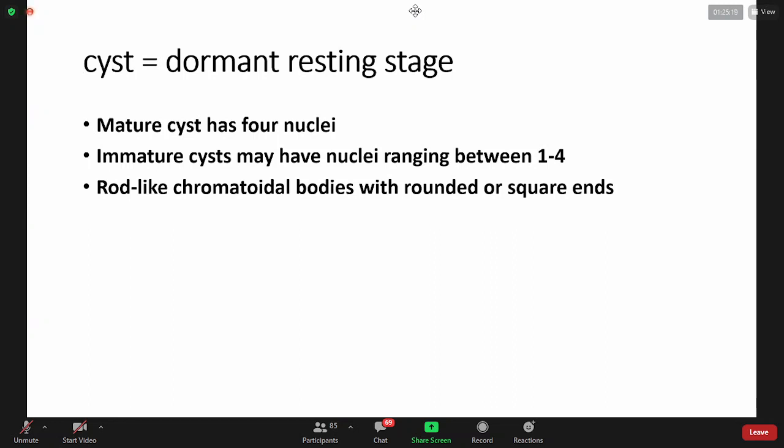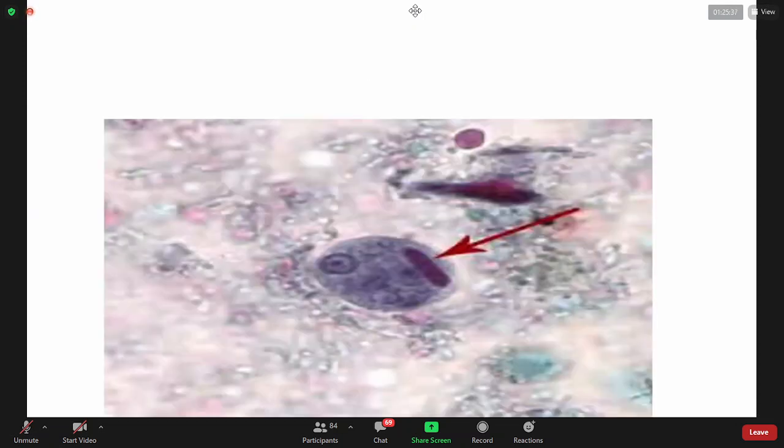Although Entamoeba coli also has these bodies, their edges are irregular, as if you have broken a stick. So this is the appearance of the cyst of Entamoeba histolytica.